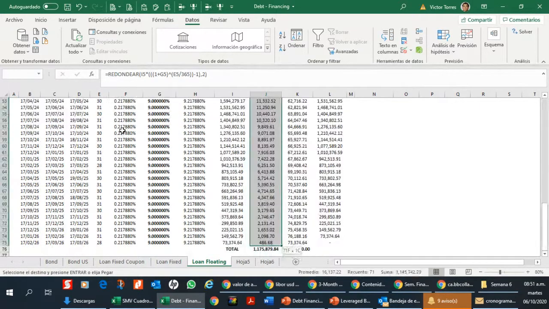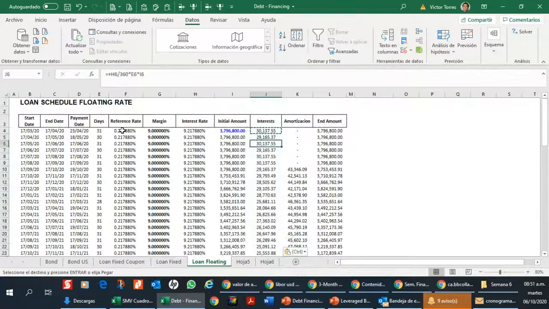And the issue that is happening here is when you have floating rates, the interest payment is going to be resetting the interest rate after every interest payment. So let's assume that we are here on the 17th of March 2020.